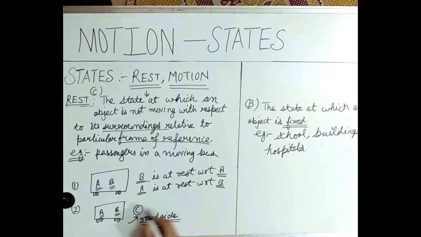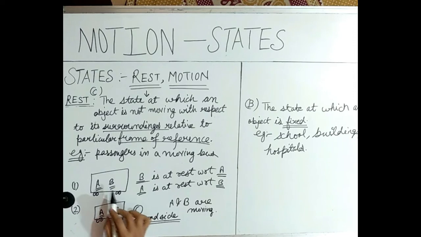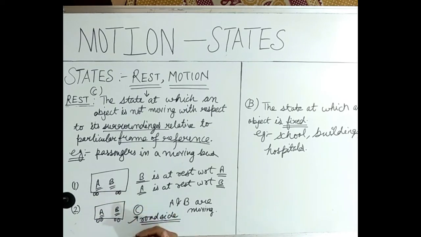So the observation of person C is that A and B are moving. So here you can see with respect to A, B is at rest, and here with respect to C, both A and B are moving. The situation is the same, but the reference point has been changed.